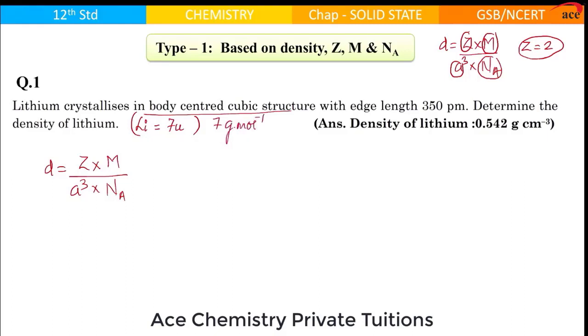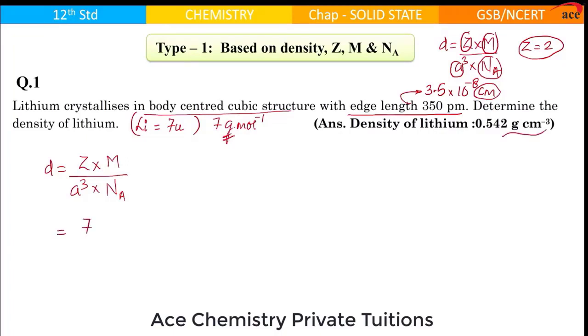What is the value of A? A value is 350 picometer. If you know the algebraic shortcut, that is 3.5 into 10 to the power minus 8 centimeter. Take care that the edge length should be in centimeter and the mass should be in gram. Then only density will come in gram per centimeter cube.